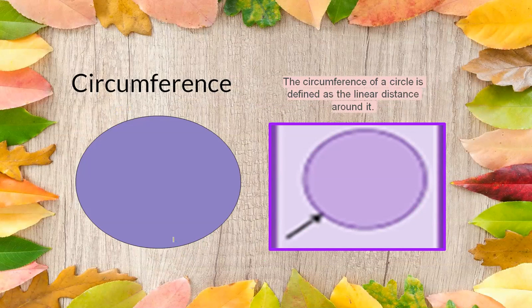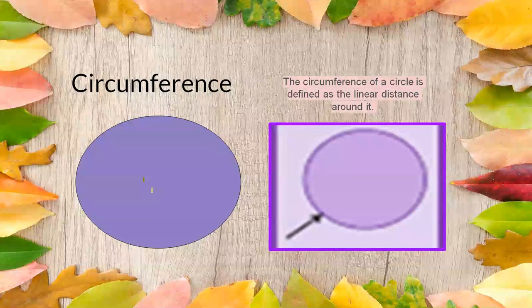The circumference, you are very familiar with it. The circumference of a circle is defined as the linear distance around it. The distance that is around is known as the circumference. Circumference is just like your perimeter. Because it's a circle, you use the term circumference rather than perimeter.